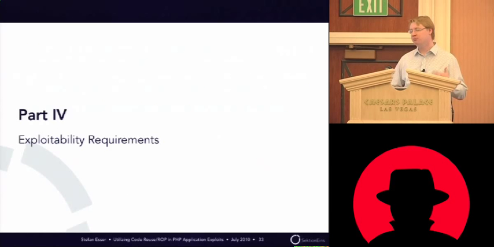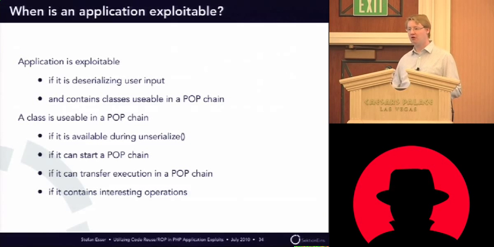So these were the vulnerability classes that could allow attacks against unserialize, but to do property-oriented programming, you need more. First of all, you need this deserializing of malicious input, but you also need classes that are usable for your POP chain, your property-oriented programming chain. And a class is usable for the POP chain if it can start the POP chain.